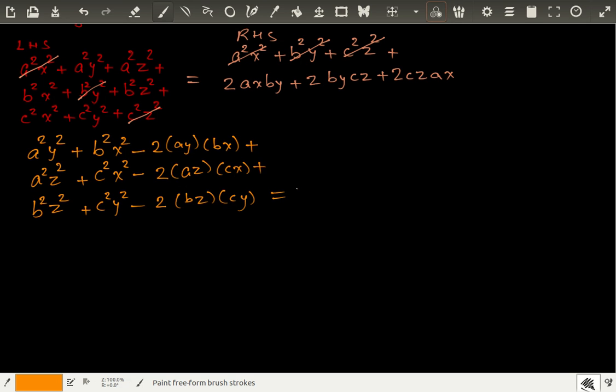Now this is equal to 0 because we have taken all of these terms and subtracted them from the terms over here. So this will be equal to 0.